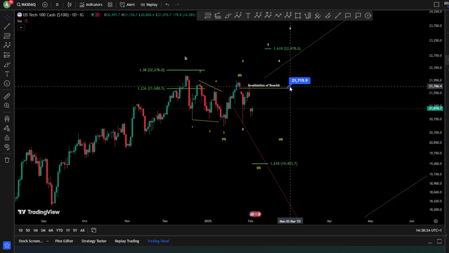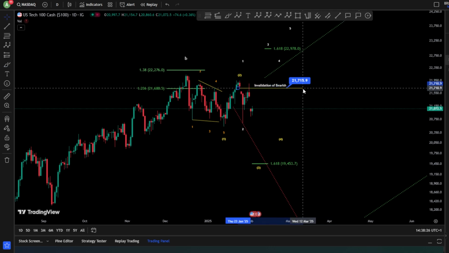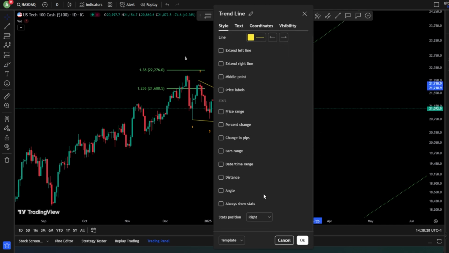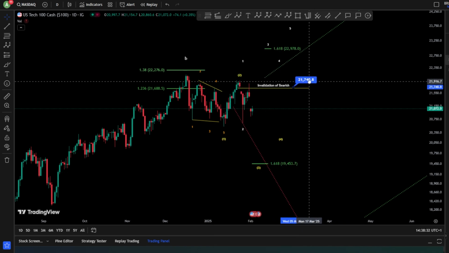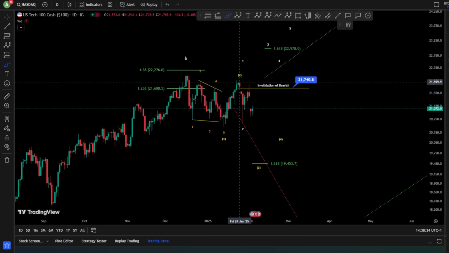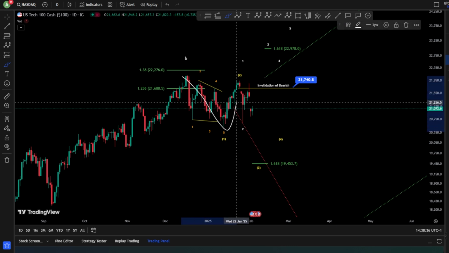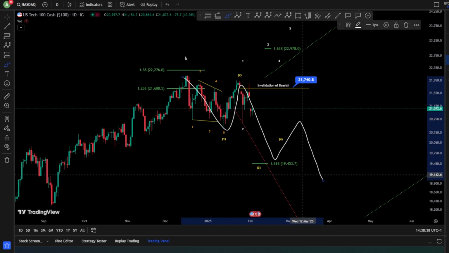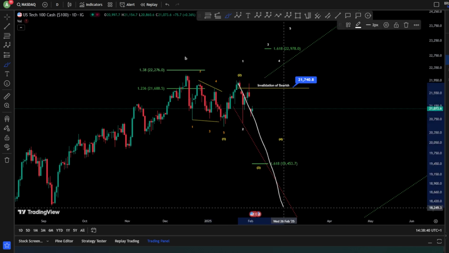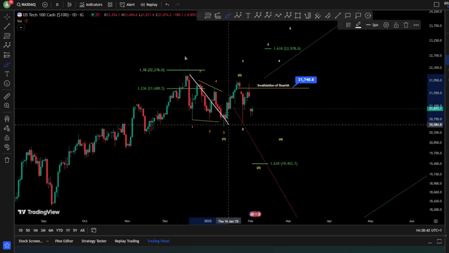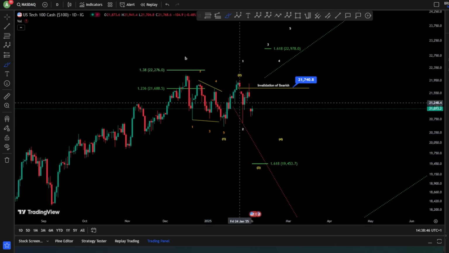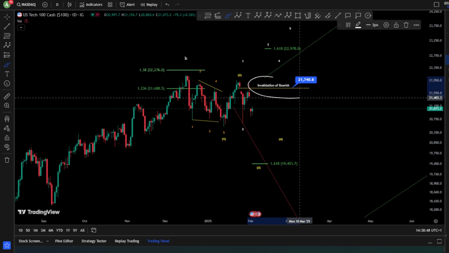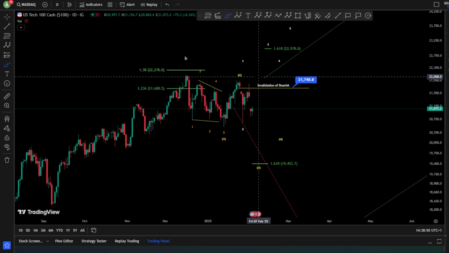So this invalidation is taken from an 886 actually. So we're gonna see what's gonna happen. The only case scenario that it can continue towards the downside is only an ending contracting diagonal, but not an impulse. So meaning it can go lower, but in a contracting diagonal. But very low possibility once we take this one.